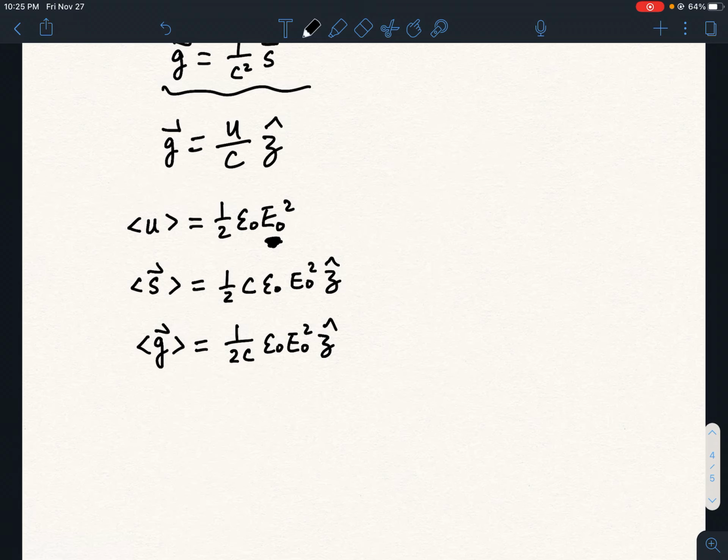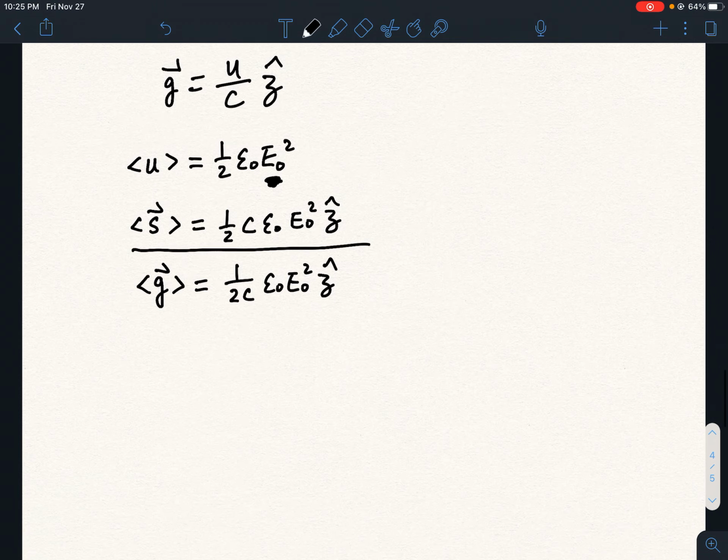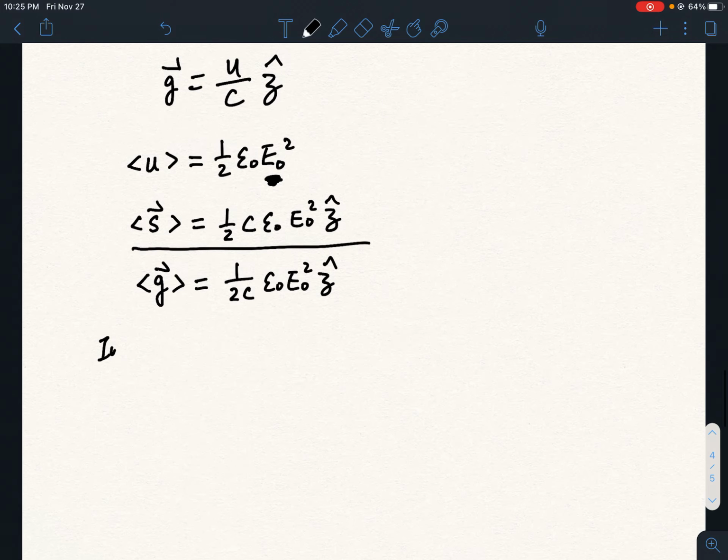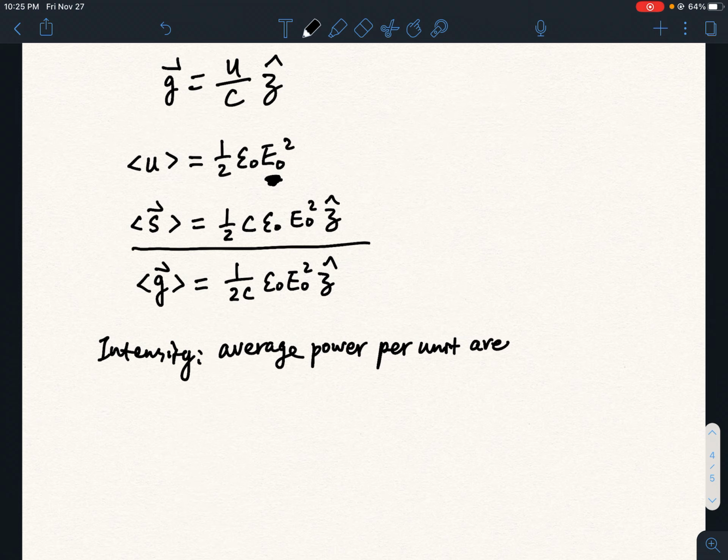Because this is the energy density, as we mentioned, it can be converted to the average power per unit area. This is what we call the intensity. So this is the average power per unit area transported by an electromagnetic wave.